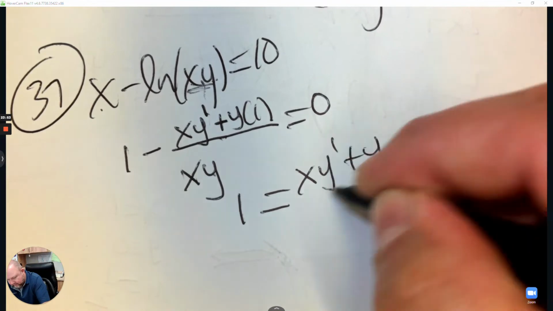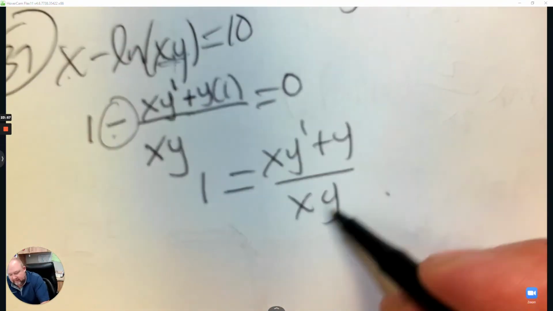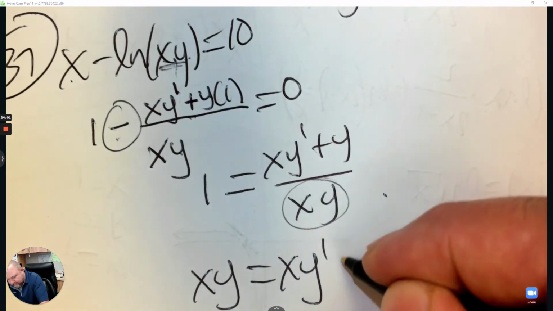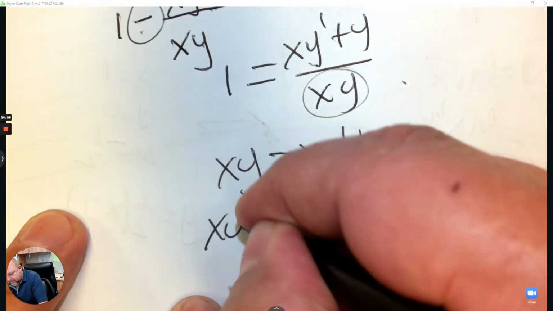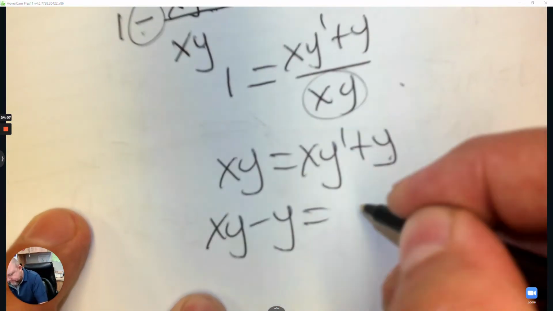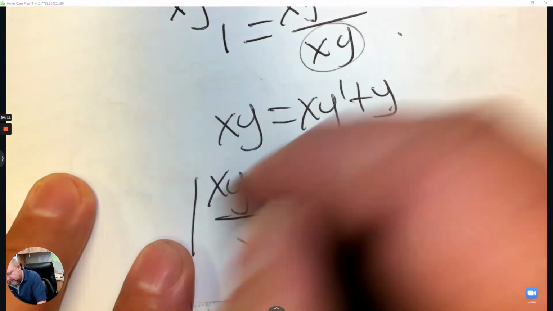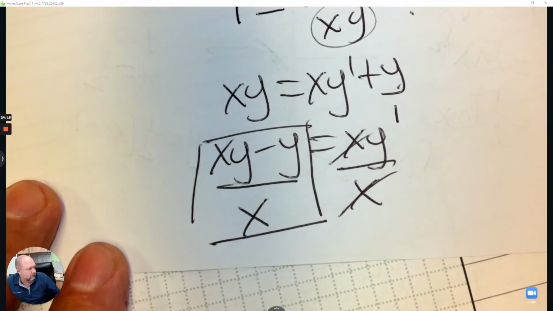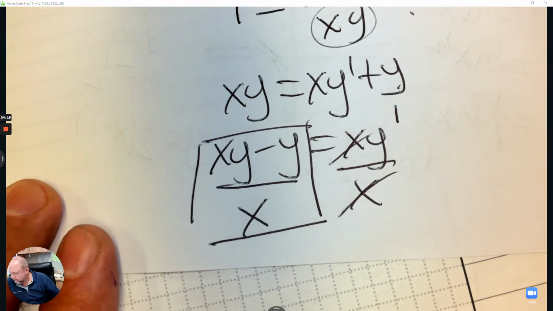That will make it positive. So I just added that to the other side. I'm going to multiply by xy. I'm going to subtract y and then divide by x and have my answer. 38.